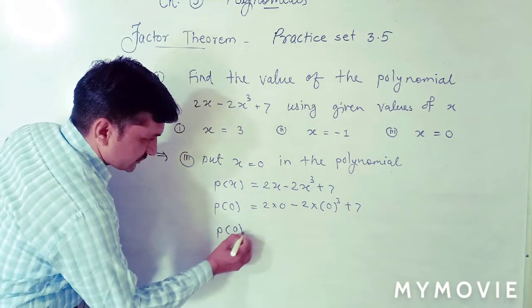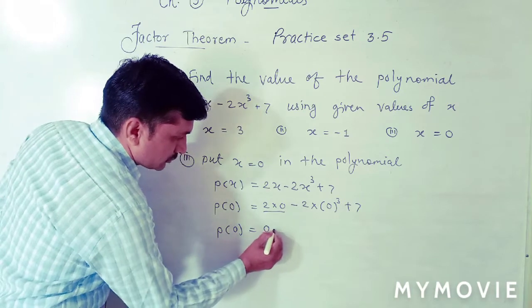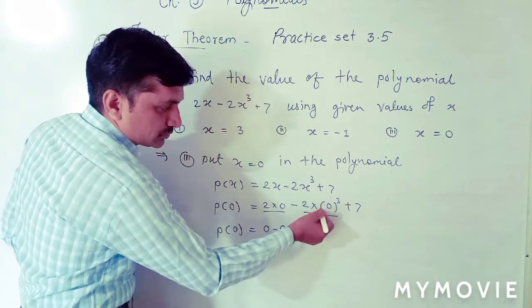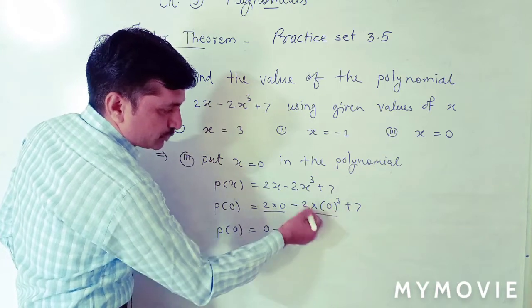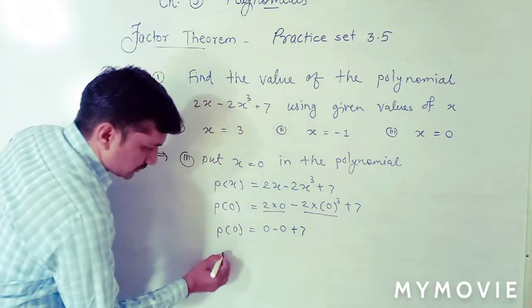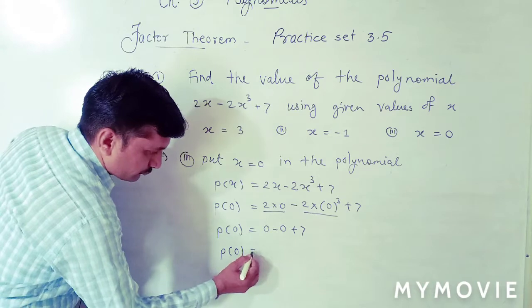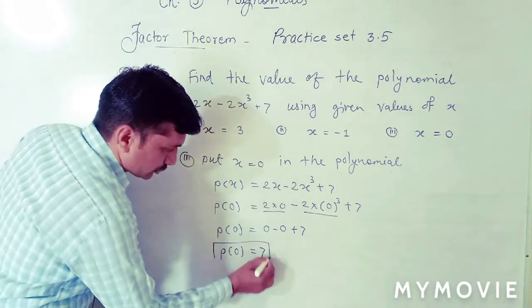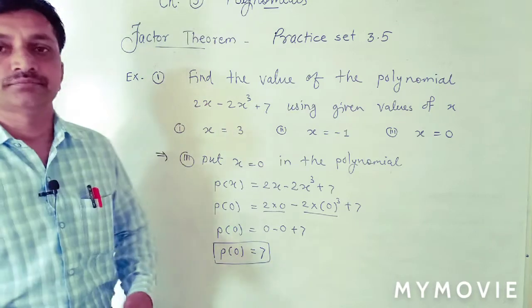Now the product is 0, minus here also 0, 0 cube is 0, 0 into 2 plus 7, and therefore we get the value of P of 0 as 7. This is the value of the polynomial.